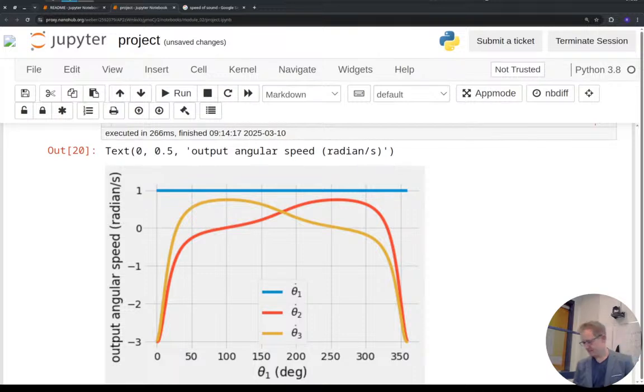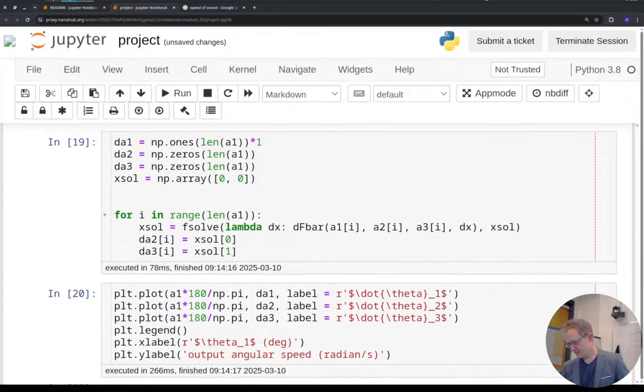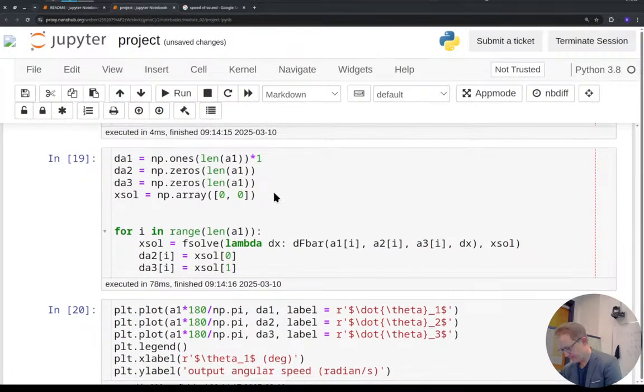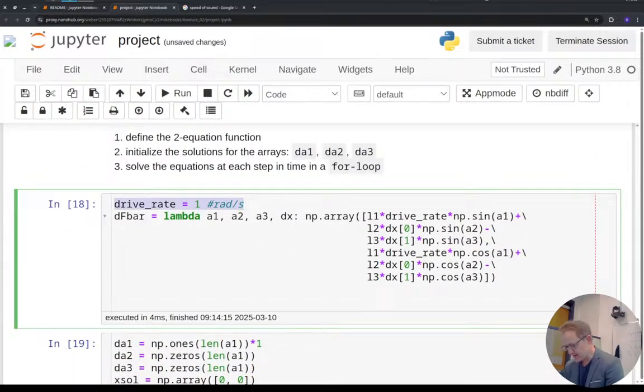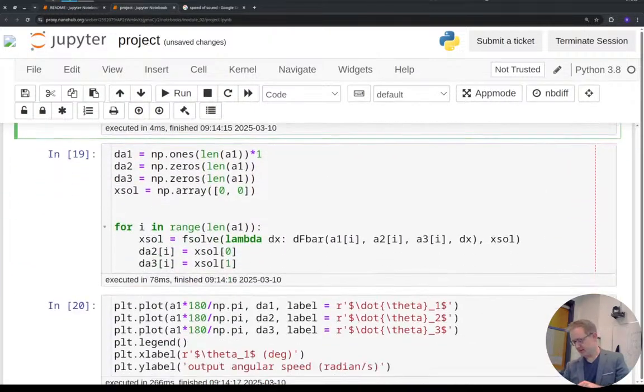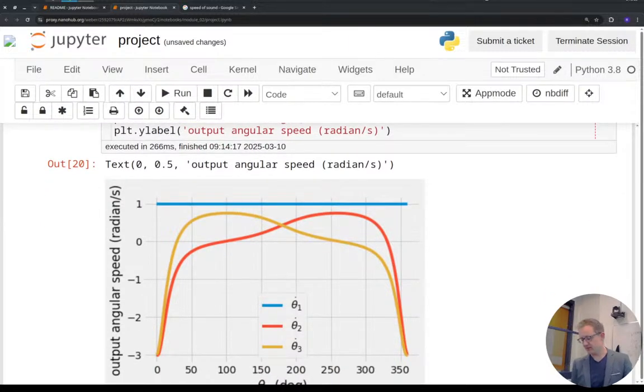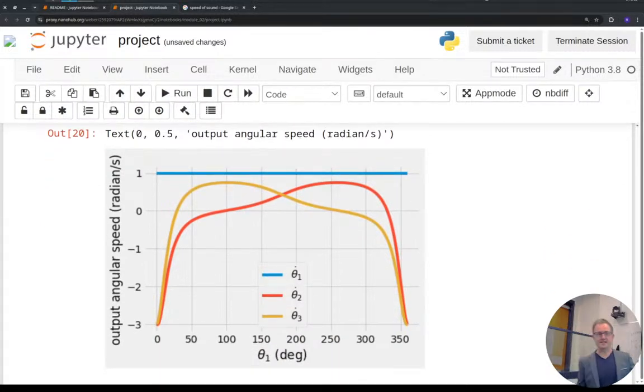DA1 is... Yeah, so this drive rate is how fast theta 1 dot is. So maybe we just want to rotate this one slowly so that the end result is max speed is now 3 meters per second, which seems a little more reasonable for a windshield wiper. So we've got a few things that we can play with there.